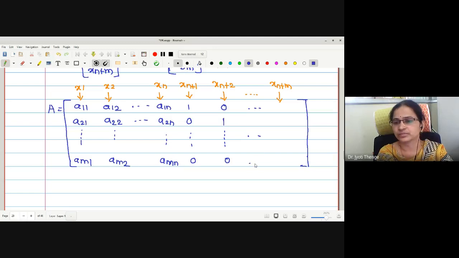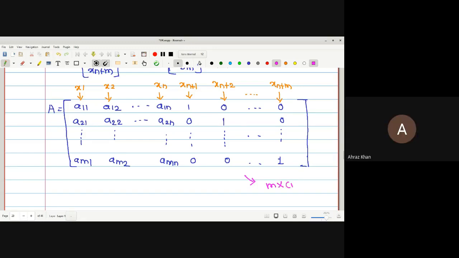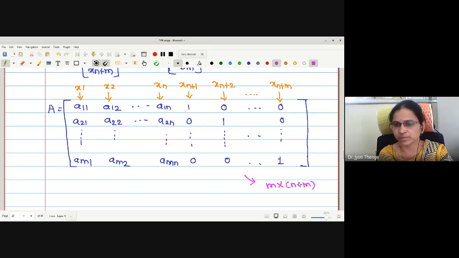Likewise, xn plus m we have added in the mth equation, so the coefficient in the remaining equations will be 0. This is our coefficient matrix. What is its order? It's m cross n plus m.